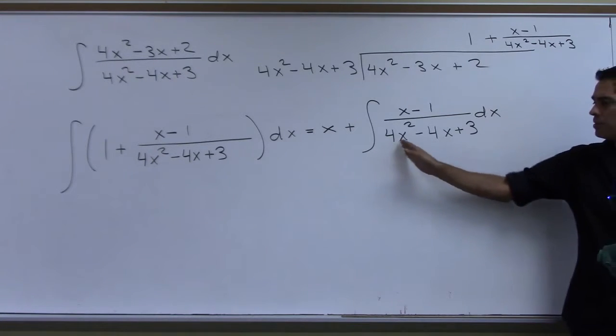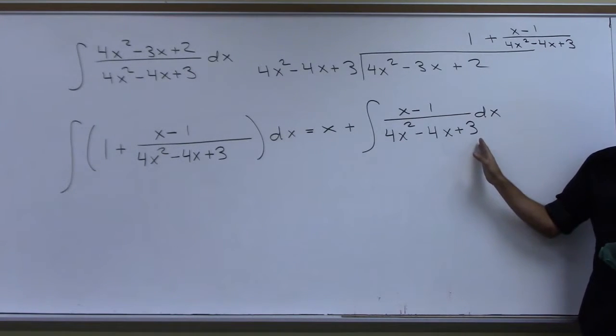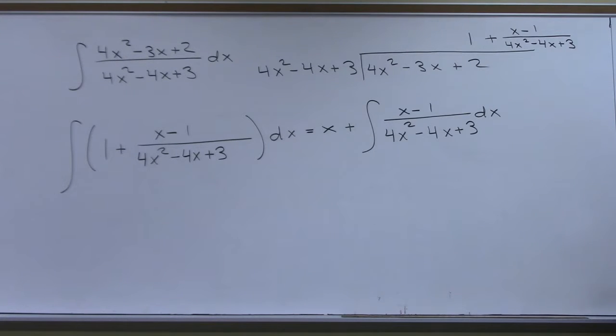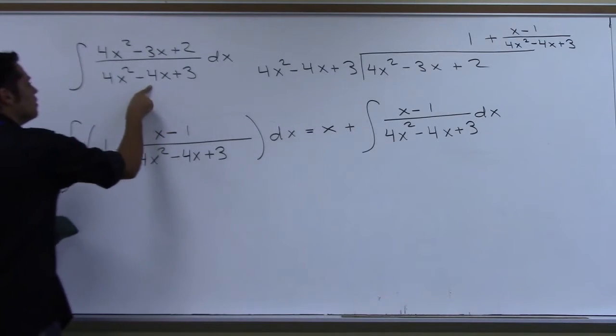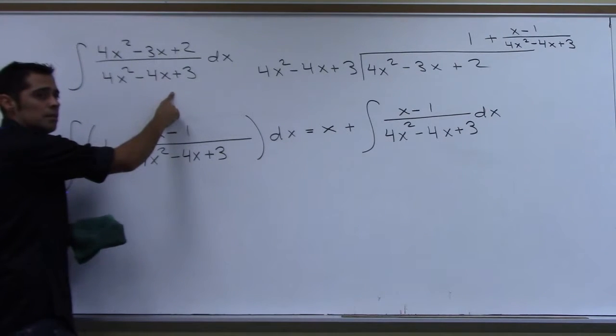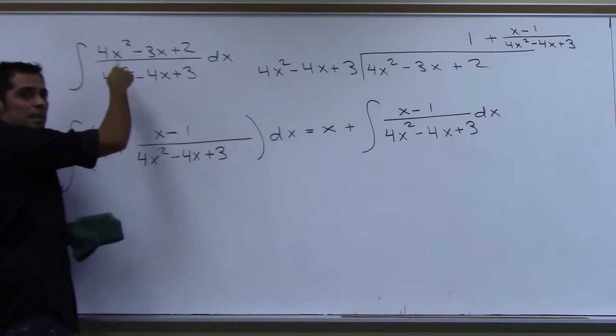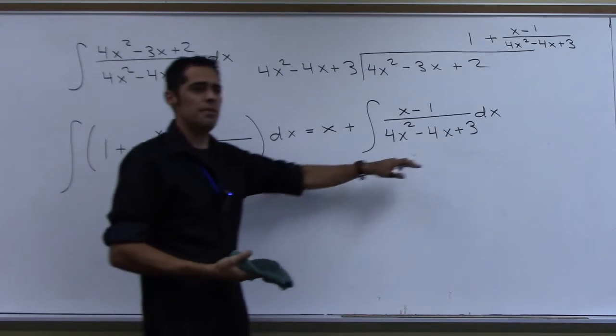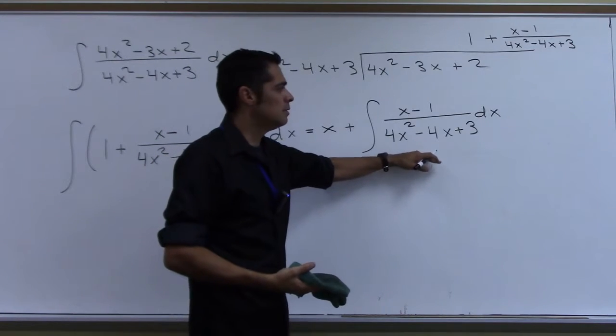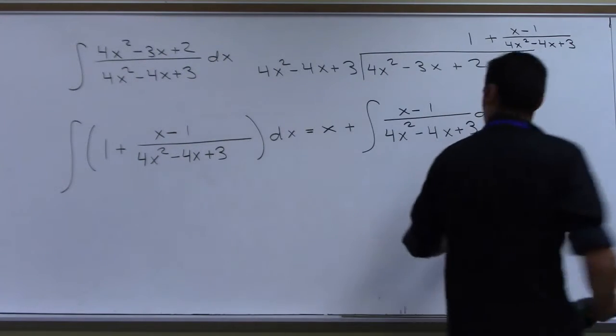If this factors. So does it factor? It's the same as the original. We never tried factoring here, right? We never did because it was the same degree, so we just divided long division first. This is our first real attempt to factor it. Does it factor? It does?